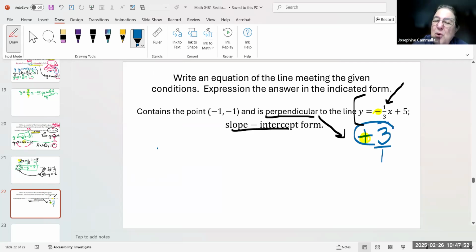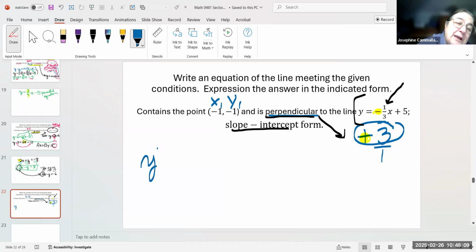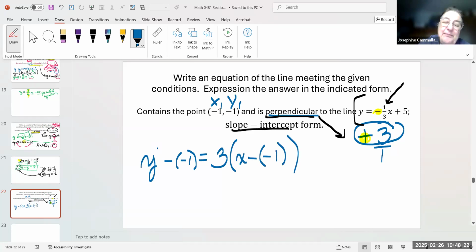So my slope that's perpendicular is a positive 3. Positive 3. Well, x1, y1: y minus a minus 1 is equal to my perpendicular slope, x minus a minus 1.